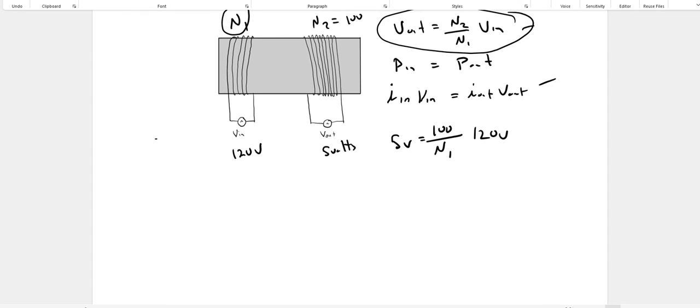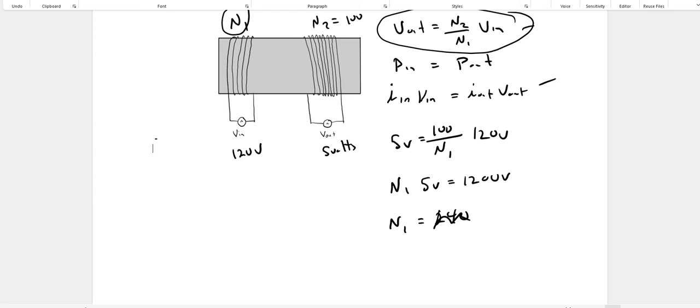And now it's just a matter of solving this for N1. So let's see, if we multiply both sides by N1, I'm going to go ahead and multiply that right-hand side, and then we just divide by 5. I think that comes out to be 240 windings. Let me look at that just for a moment.